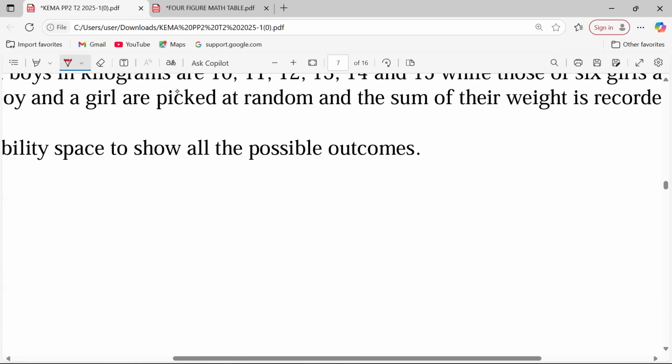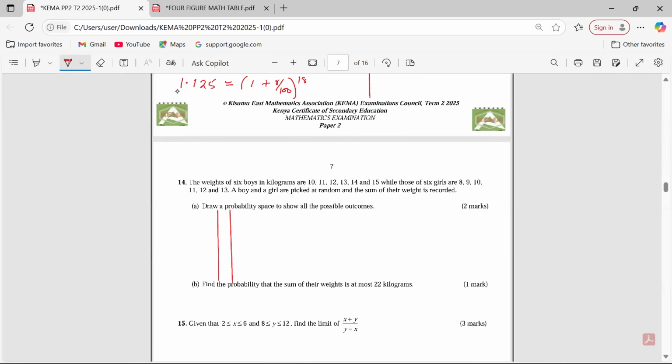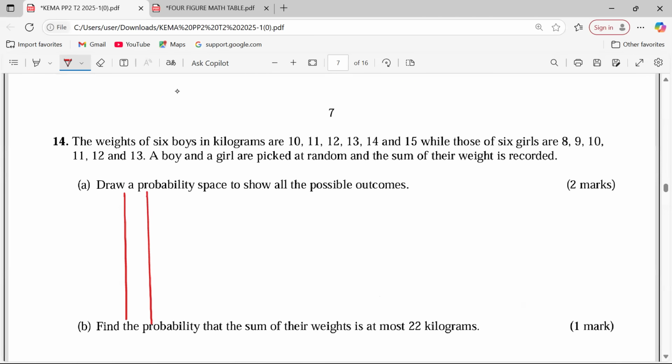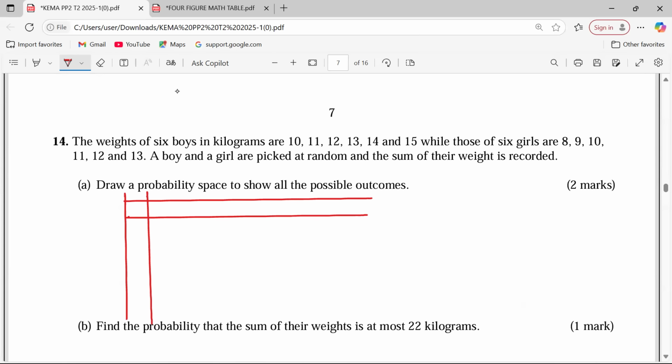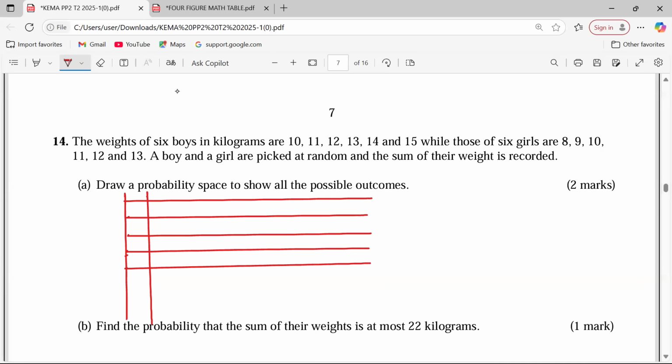Note there are 6 in both cases, so we're supposed to be very careful. 6 in both cases. So we can have 1, 2, 3, 4, 5, 6.